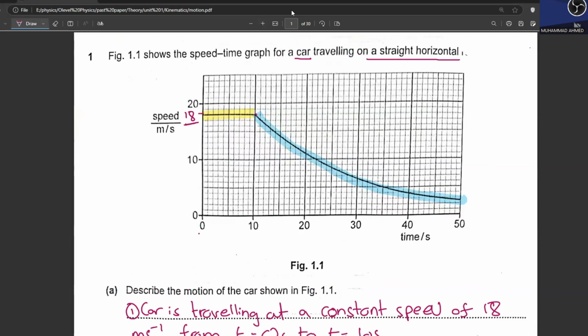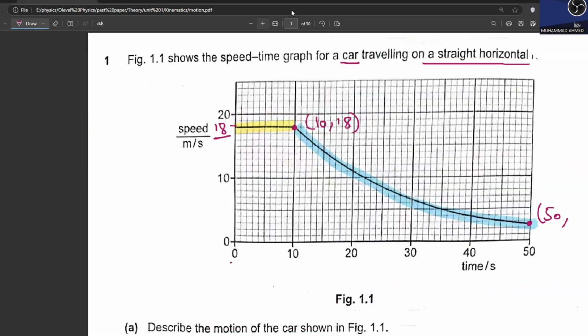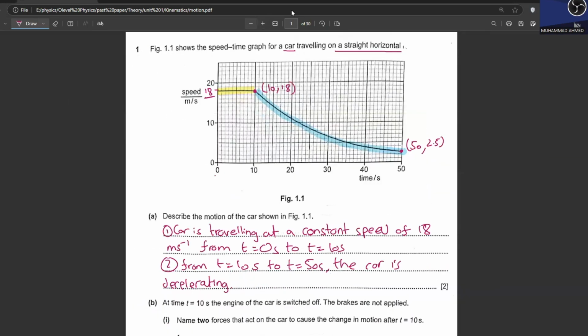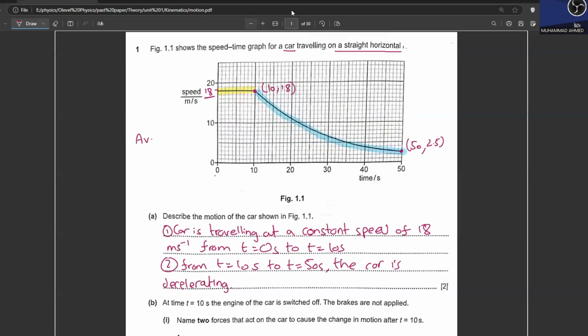Okay, how can you calculate the value of deceleration? You can take the starting point on the curve, that is x = 10, y = 18, and you can take the ending point on the curve, that is x = 50, y is, let me zoom in a bit, y is 2.5. You have 2 points on the curve. Can you calculate the average deceleration?